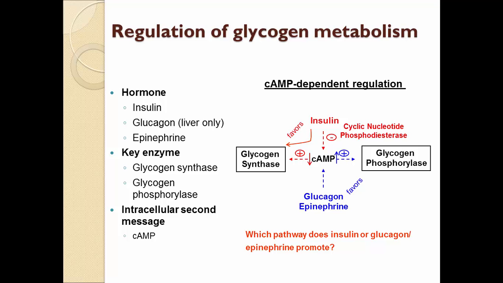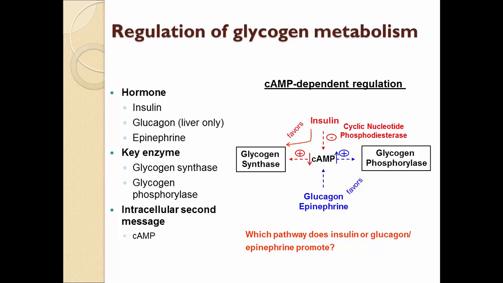So again, during the fasting, glucagon and epinephrine levels increase, then can increase the cyclic AMP levels. And cyclic AMP is a very important regulator of glycogen phosphorylase activity. So increased cyclic AMP levels can increase glycogen phosphorylase activity, and they can drive the glycogen breakdown pathway.